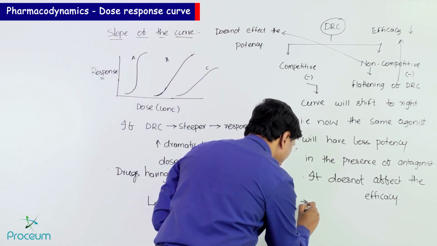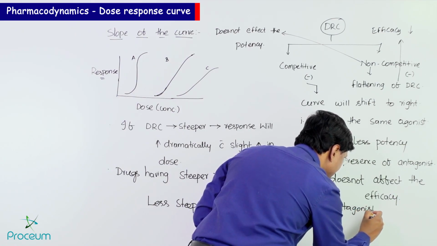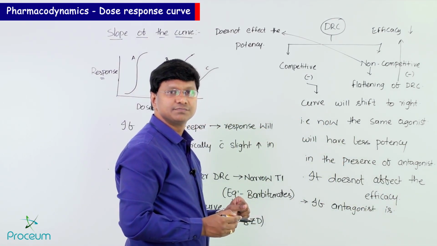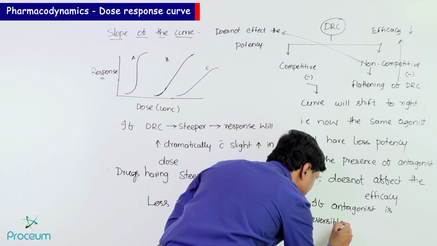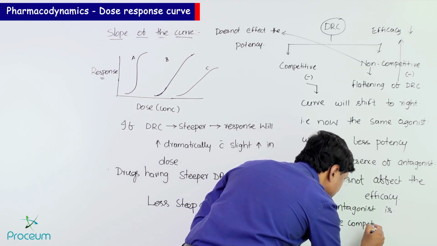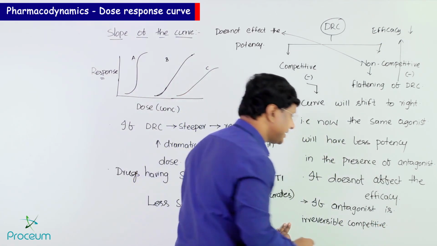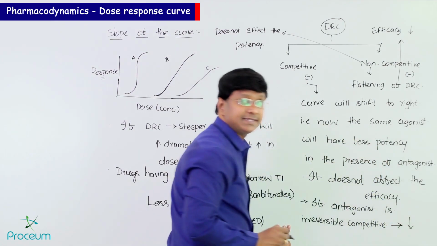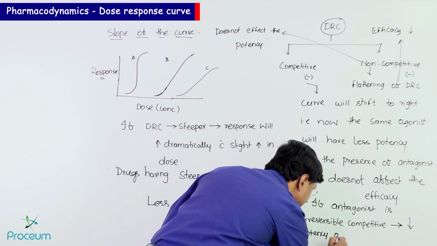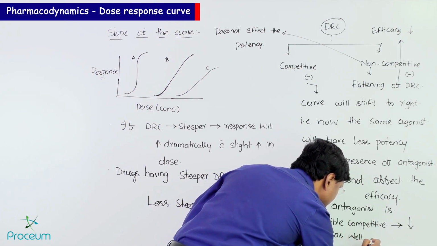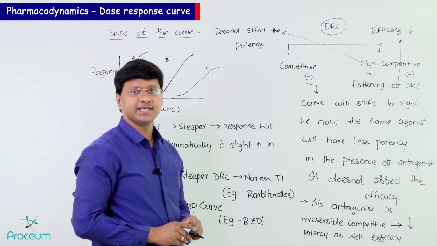If the antagonist is irreversible competitive, there will be decrease in potency as well as efficacy.